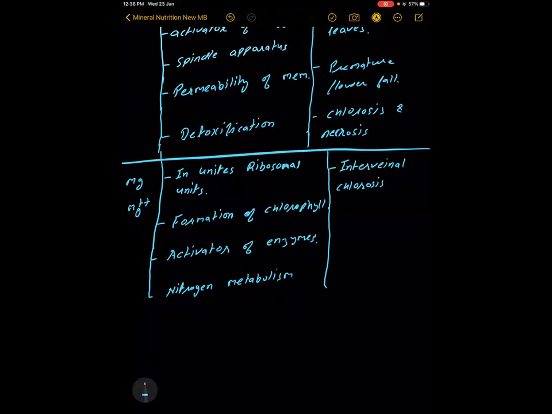The leaves are curled at the margin; the margins turn inside. That is called marginal curling.